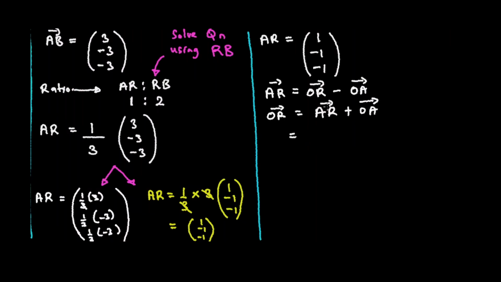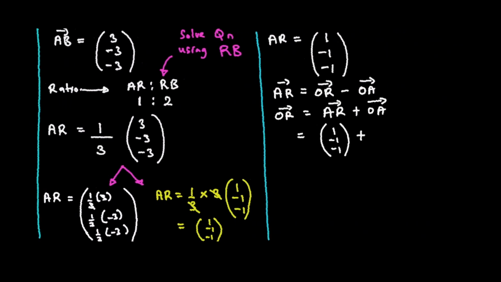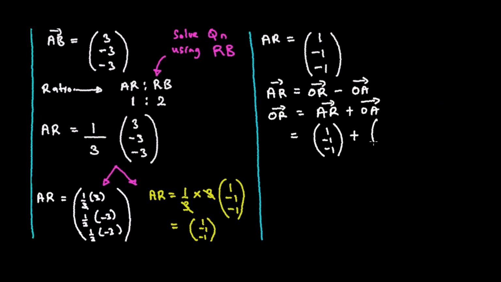So this is equal to AR ndiani 1 minus 1 minus 1 plus ko OA ndiani. OA tinowana kupi kuquestion ndi 1 0 3. 1 0 3 tika add vectors maedera tinoziva 1 plus 1 ndi 2, minus 1 plus 0 ndi minus 1, minus 1 plus 3 ndi 2.